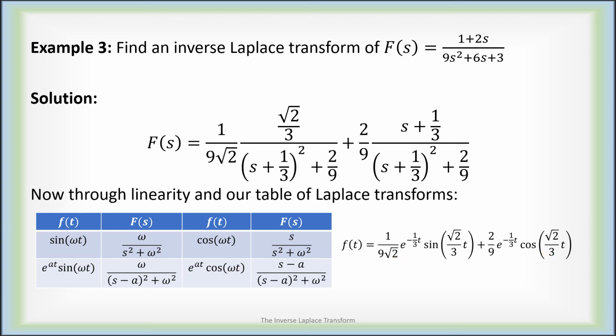So if the algebra of making a rational function, first you do partial fraction decomposition to get a bunch of individual terms, then you have to manipulate each of them to look like something that appears in a table of Laplace transforms. If that algebra is the scary part, that's something you need to address. It's basic algebra. You just have to be really good at it and do it quickly. But once you get to that point, it's just a matter of checking a table of Laplace transforms to go back and forth.